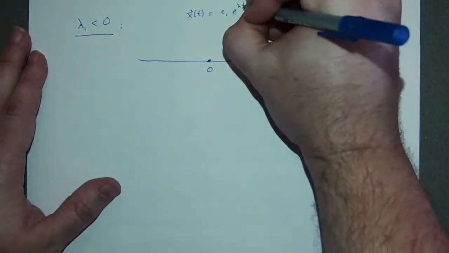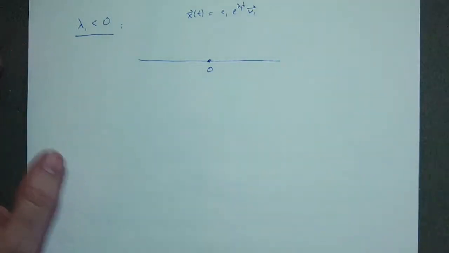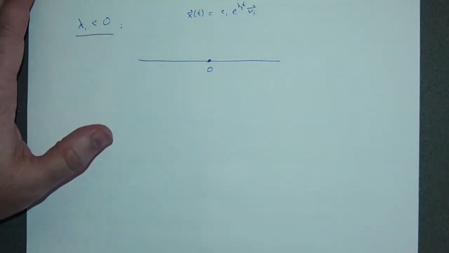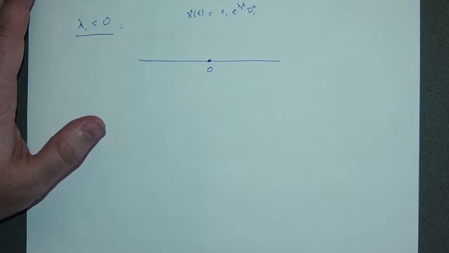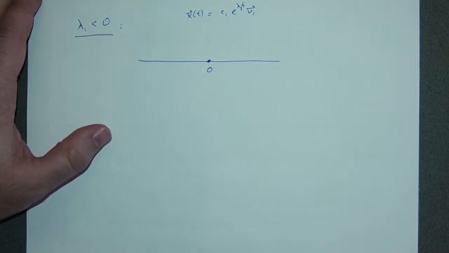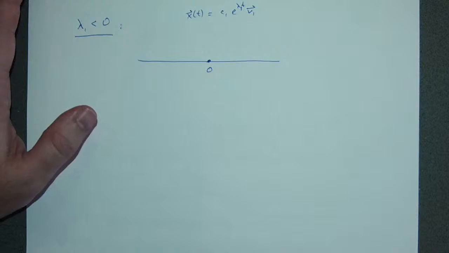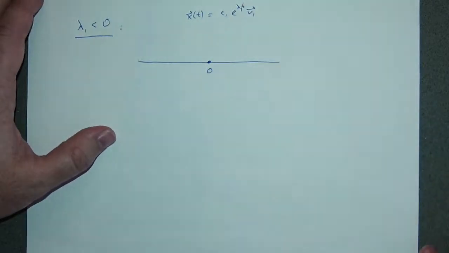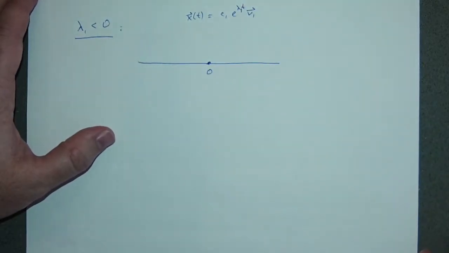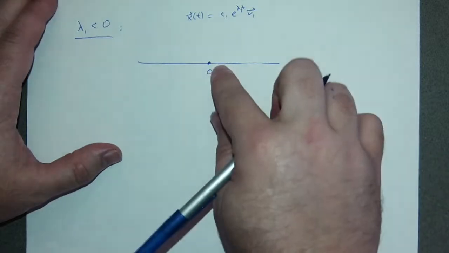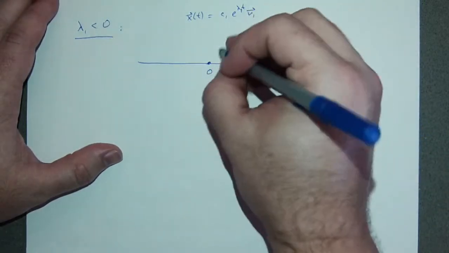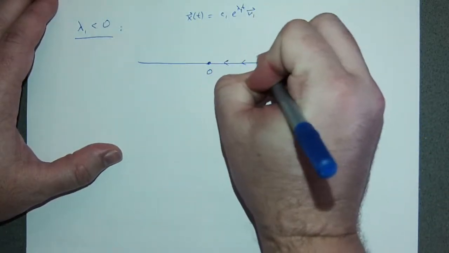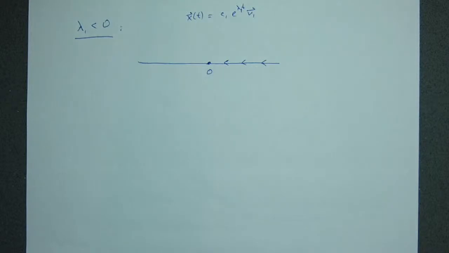I didn't write lambda 1, so there it is, lambda 1 t. So if lambda 1 is negative, then as t is positive, what's going on here? I'm moving towards 0, moving towards the stationary point.